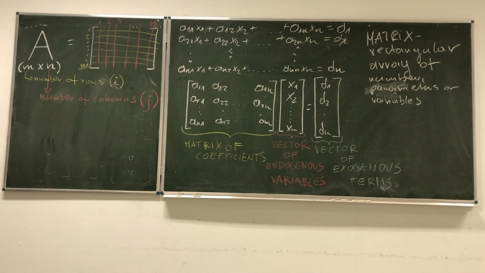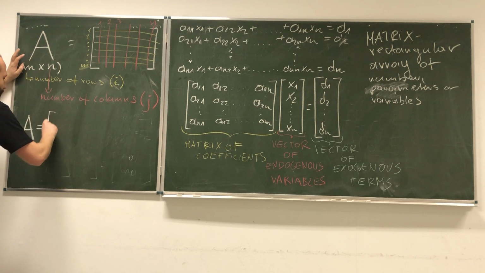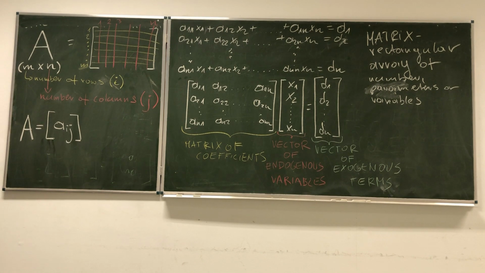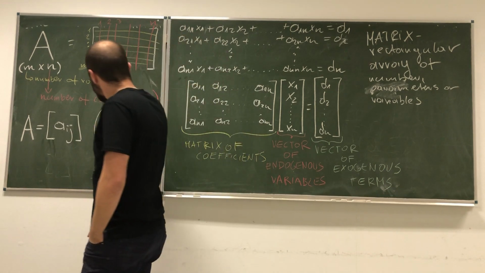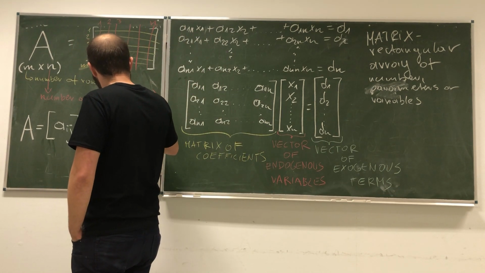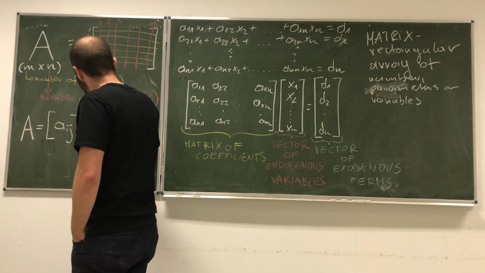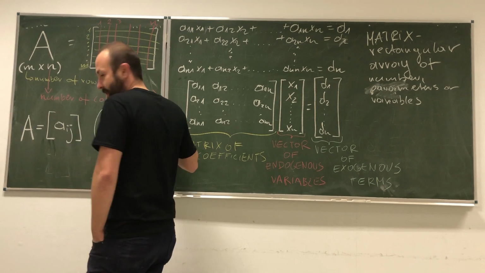So in other words, we can say that matrix A is a collection of elements a_ij, where i denotes the row and j the column in which this element lies, for i equal to 1, 2, until m, and j equal to 1, 2, until n.